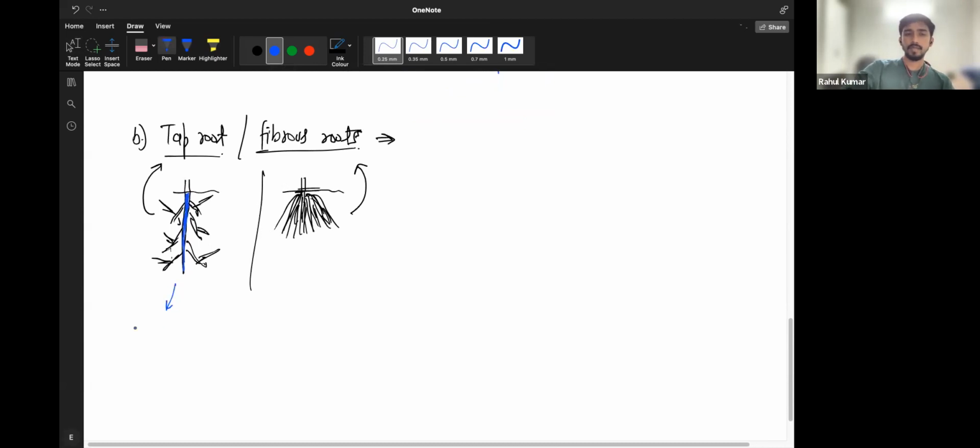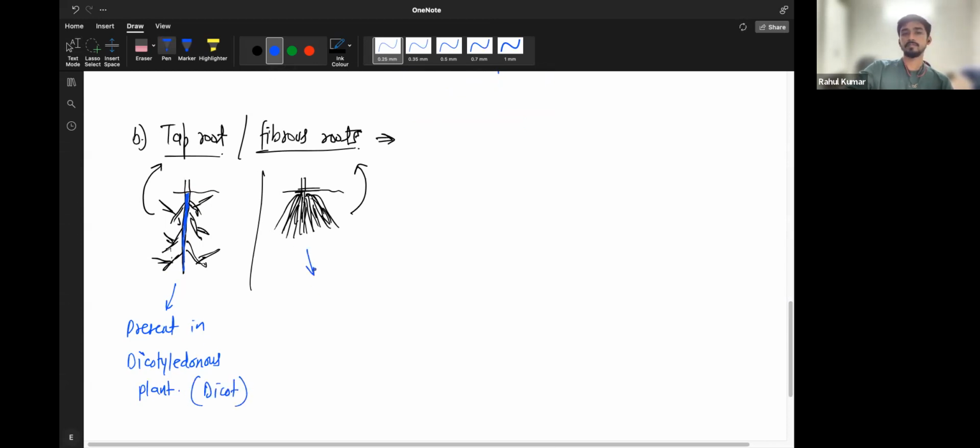And write down, taproot is present in dicotyledonous plants, commonly known as dicot plants.